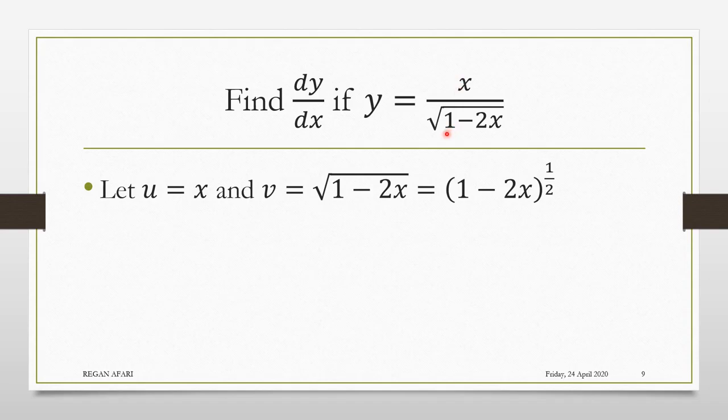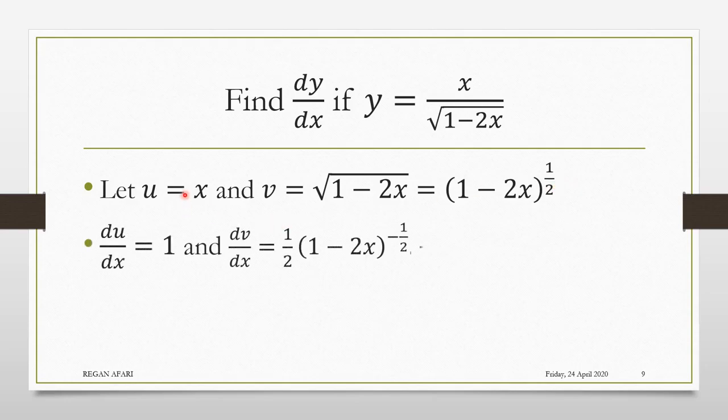Now I always want to set up my function in the exponential form, that of the indices. Why? Because it helps me to differentiate well, and like I've been telling you, the square root stands for a power of half. All right, so we differentiate them. We differentiate u, we get 1. We differentiate v with respect to x, and this is what happens.